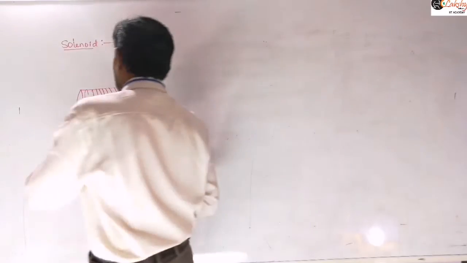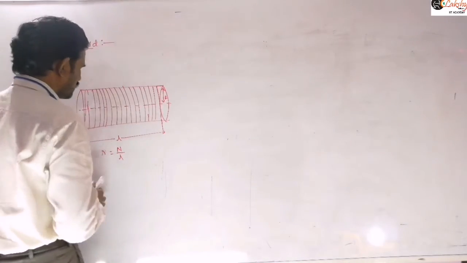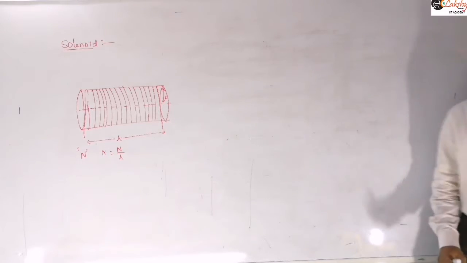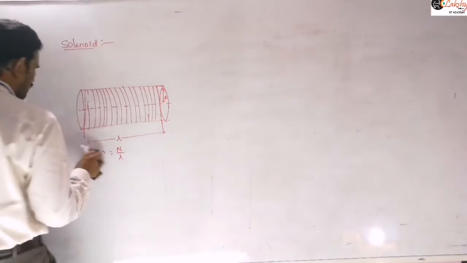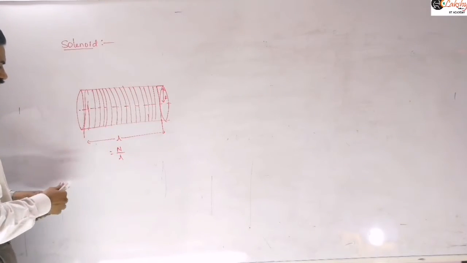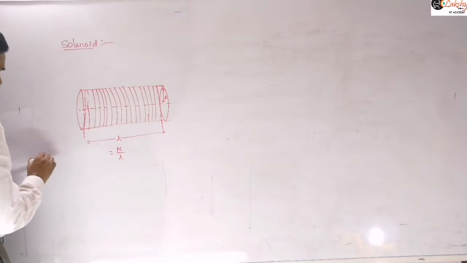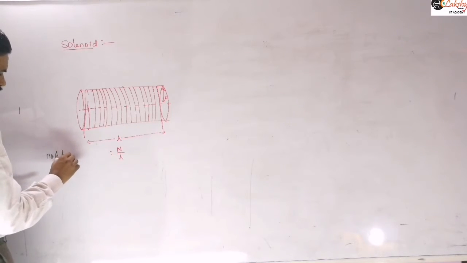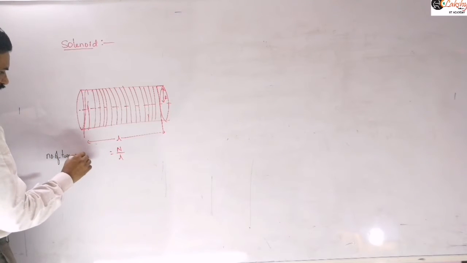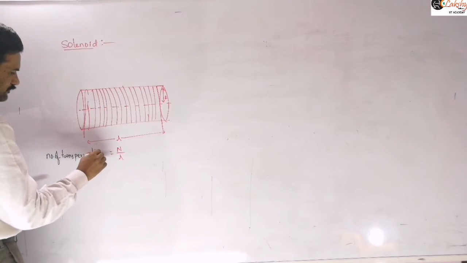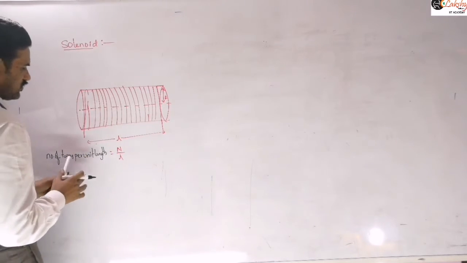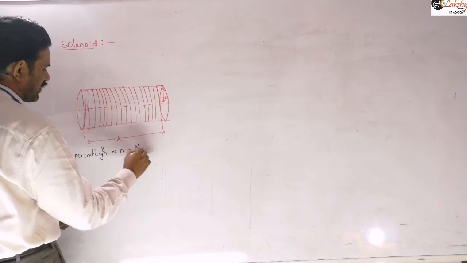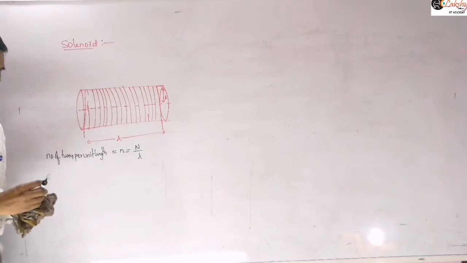So small n is nothing but the number of turns per unit length. So according to our definition, you can write this as n equals N by L, right?